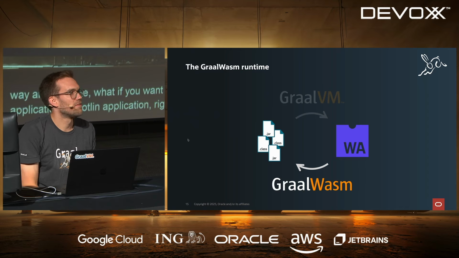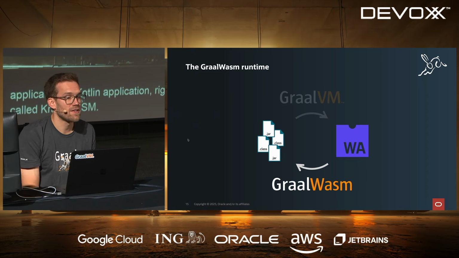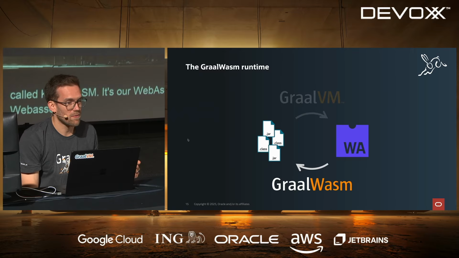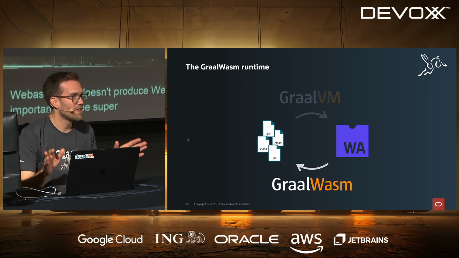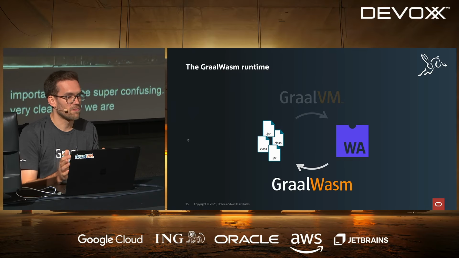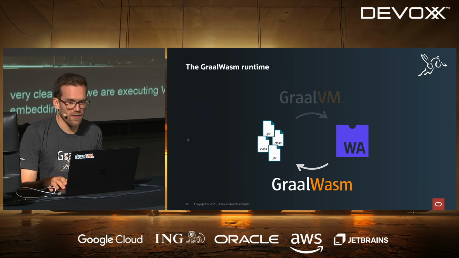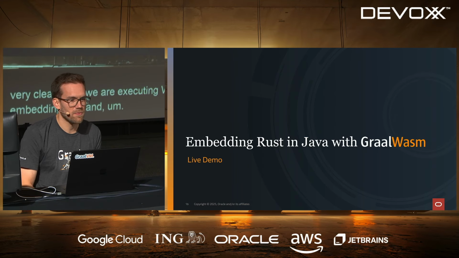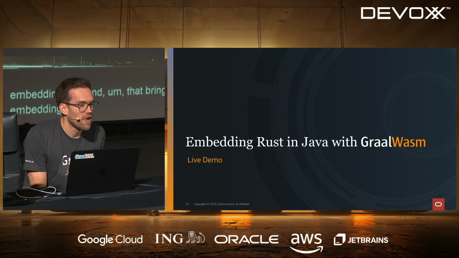And for that, we have a runtime called GraalWasm. It's our WebAssembly runtime, so it can run WebAssembly. It doesn't produce WebAssembly like Web Image. That's important, it can be super confusing, right? That's why I'm trying to make it very clear. Now we are executing Wasm inside, for example, a Java embedding. And that brings me to my next demo, which is embedding a Rust library in a Java application, right?